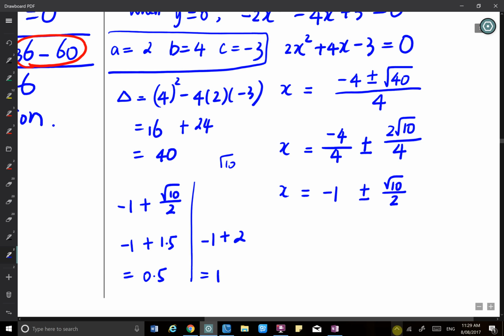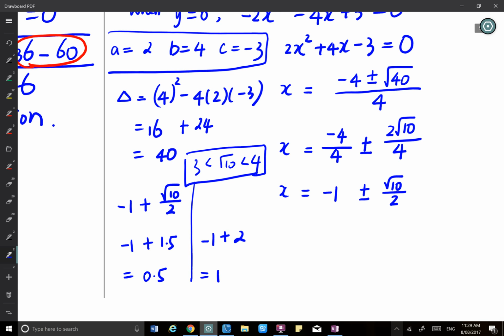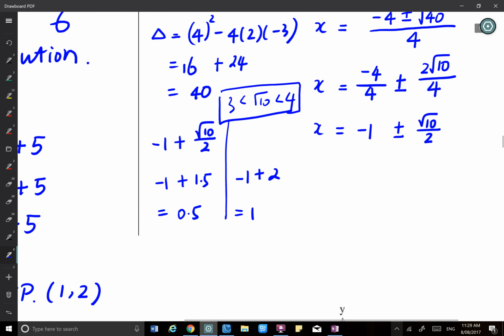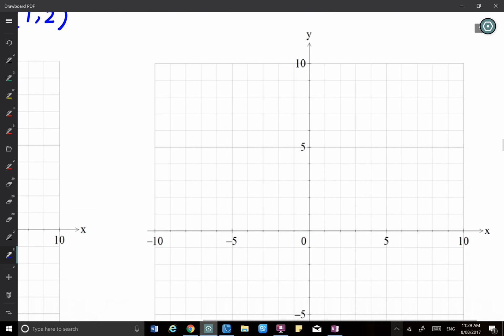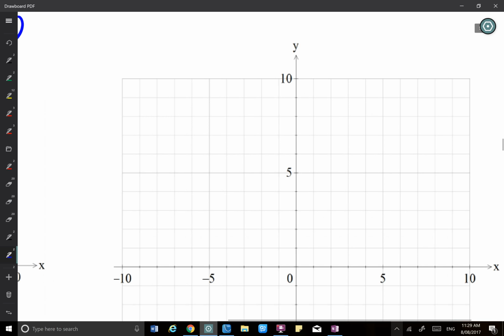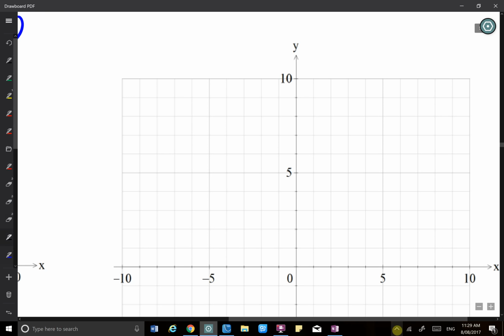Because root 10 is a number in between 3 and 4, and it's closer to 3, because 4 squared is 16, so that's quite large. Let's label the first one. 0.5 to 1, so it's just somewhere here. That is negative 1 plus root 10 over 2, comma 0.